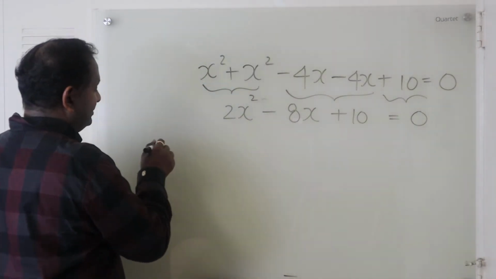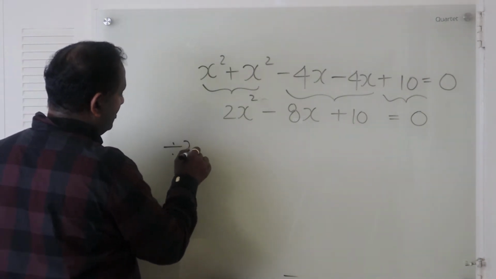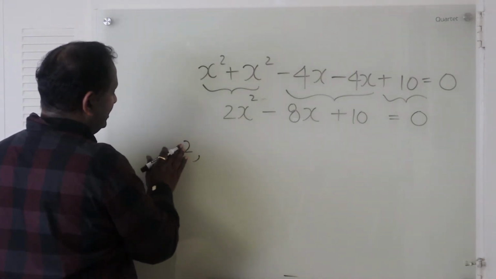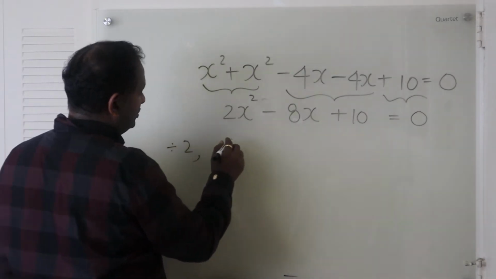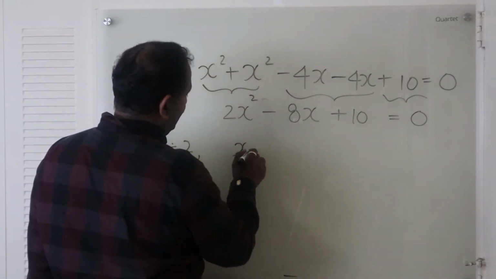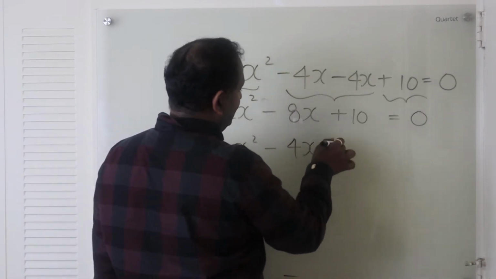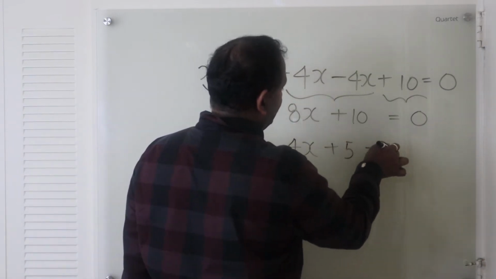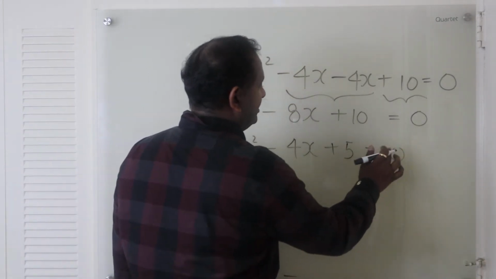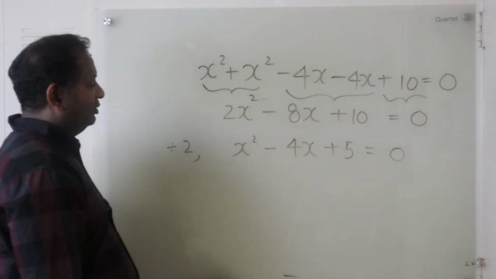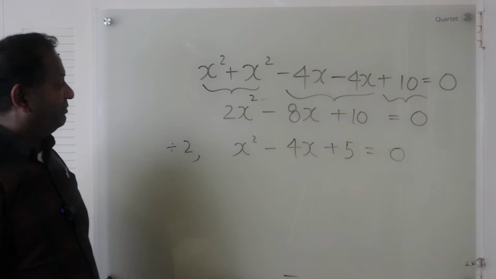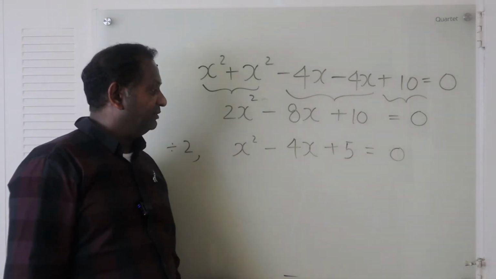You can divide the equation through by 2. Then you get x squared here; when you divide 8x, you get 4x; when you divide 10, you get 5. You came up with a very nice quadratic equation with three terms: x squared minus 4x plus 5.